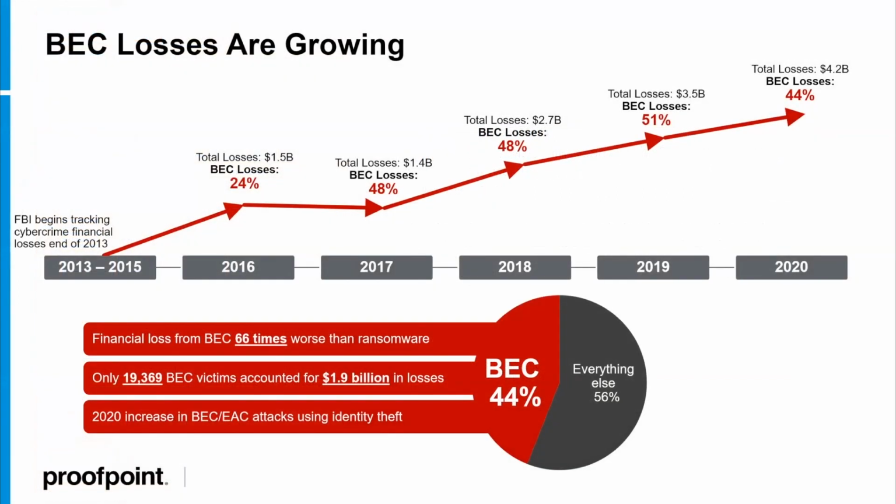So this is the real kicker, I think, with BEC. The losses continue to increase. In fact, last year, financial loss from BEC was 66 times worse than ransomware in terms of what was reported in losses. And that accounts for 44% of all monetary loss by malicious cybercrime last year.